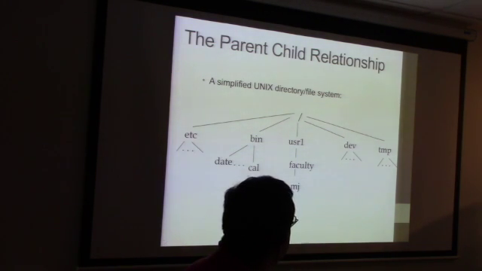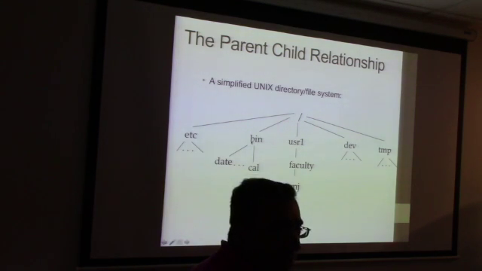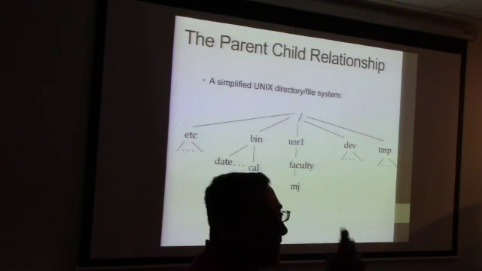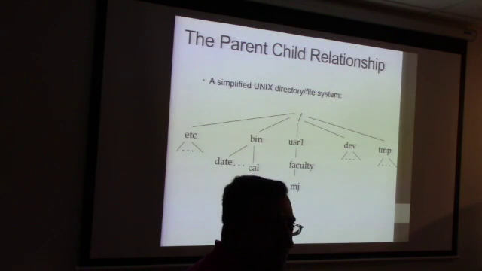Okay. And if I'm in this directory, relative to this directory, how do I get to this directory? Remember yesterday we were talking about dot dot and dot? When you say two dots, it is a short name for going one level up in the Unix directory structure.